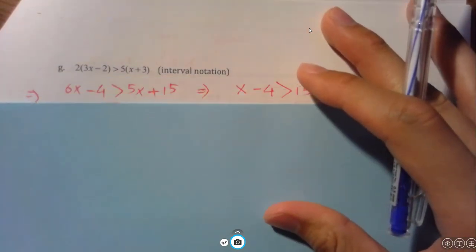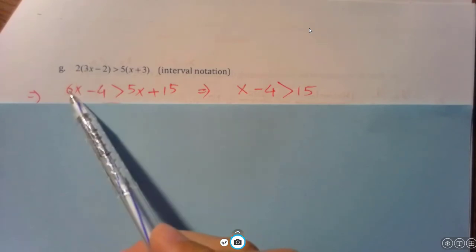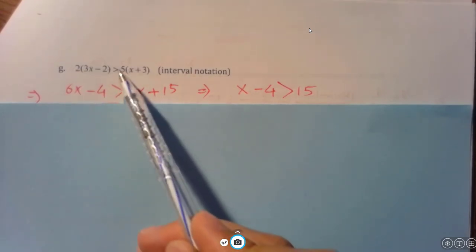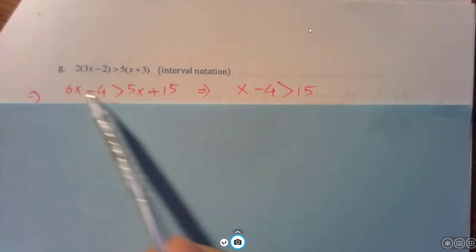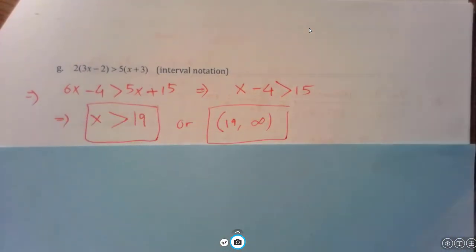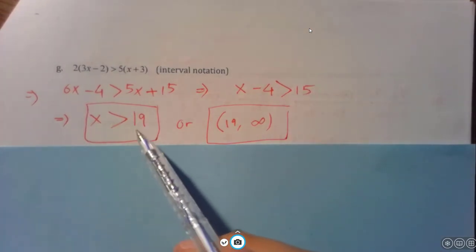Now the first thing you can do is make the distribution: 2 times 3, 6x, 2 times 2, minus 4, 5 times x, 5 times 3, 15. Now subtract 5x on both sides, I get x, and then minus 4, and then 15. And then to solve for x, I add 4 on both sides, so x is bigger than 19.